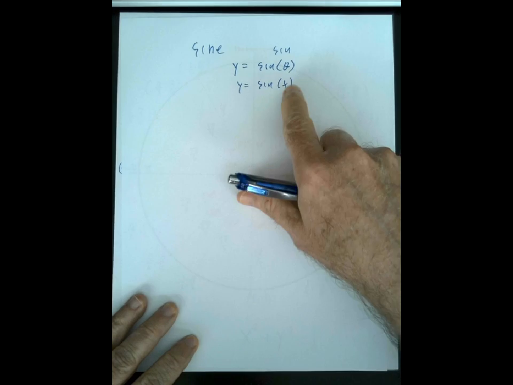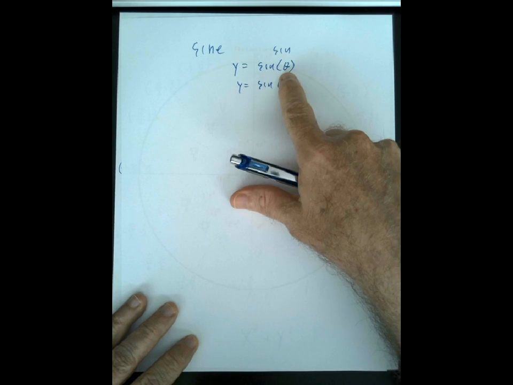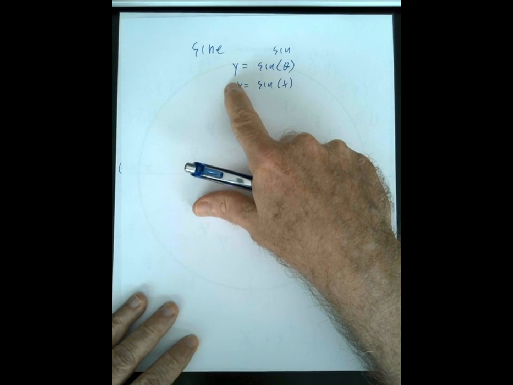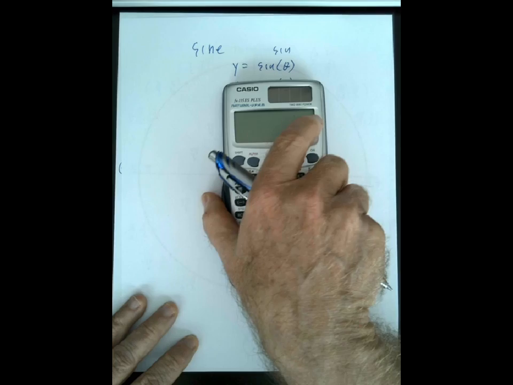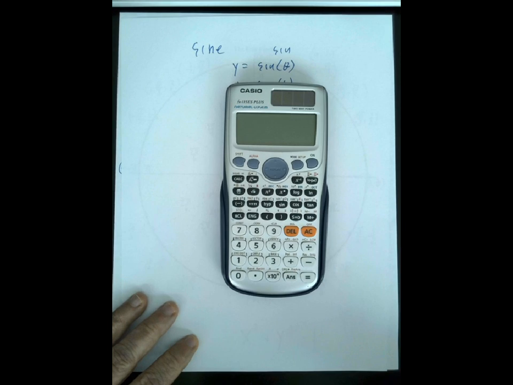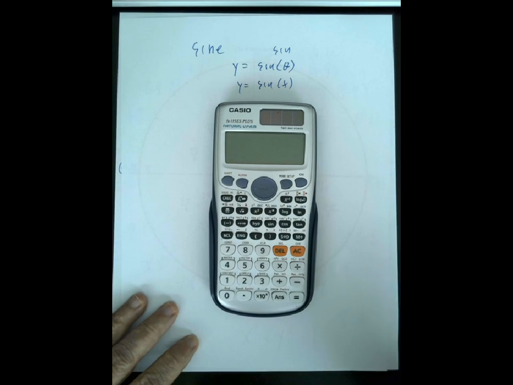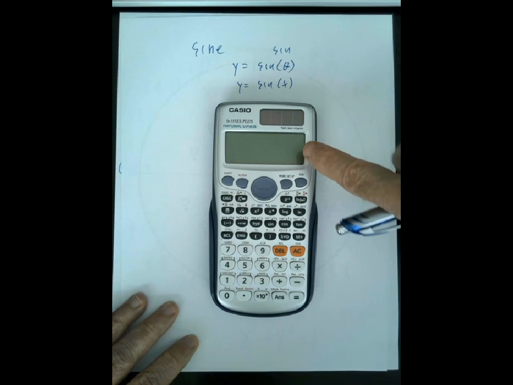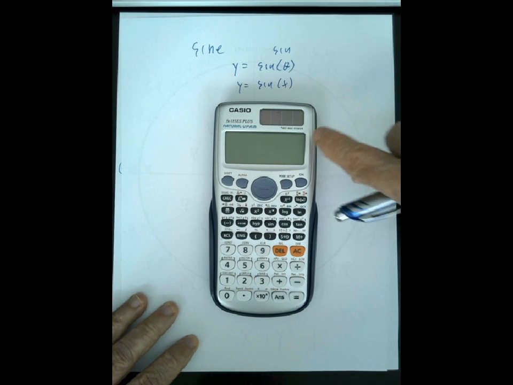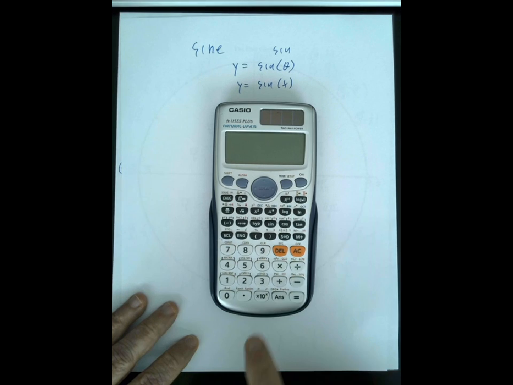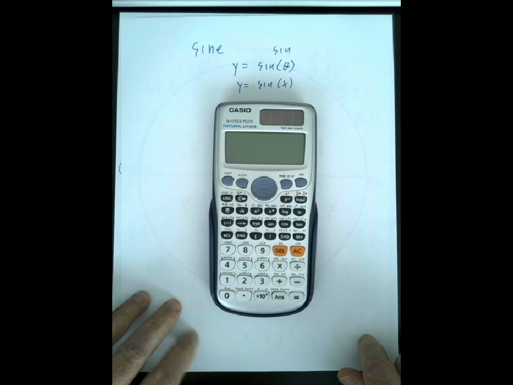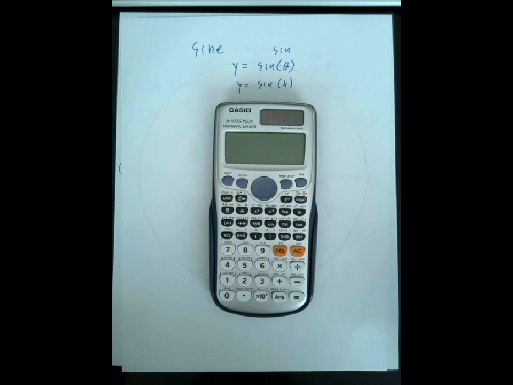Now, here's the way the sine function works. Like any function, there's going to be an input and an output, and this will work on our calculators too. What you should do, and maybe I should have told you this in the beginning, is get a scientific calculator out in front of you, and if you don't have one, you should pause the video right now. Make sure that the calculator is set on degrees for angles.